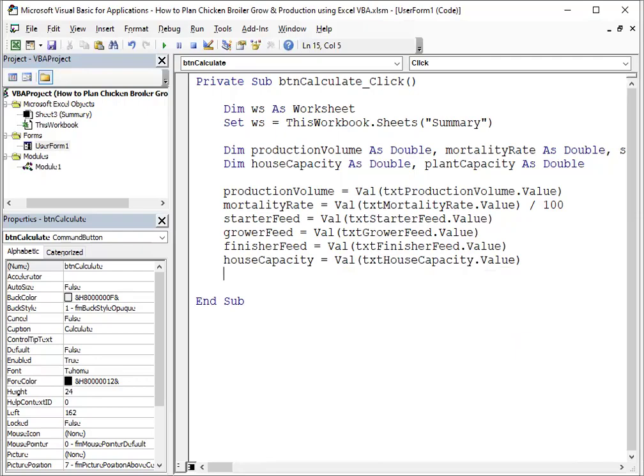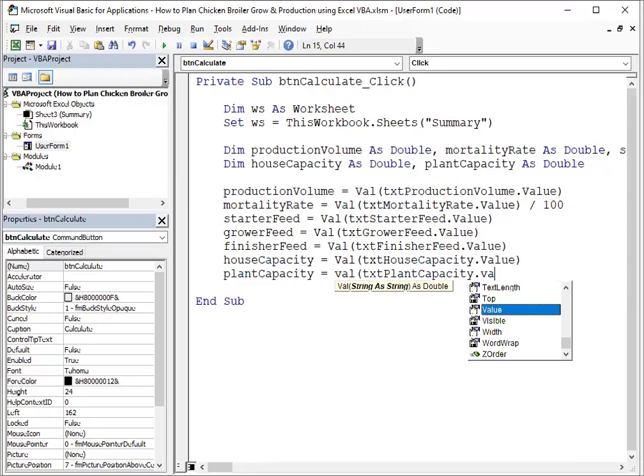Then plant capacity equals value, text plant capacity, that value, close.